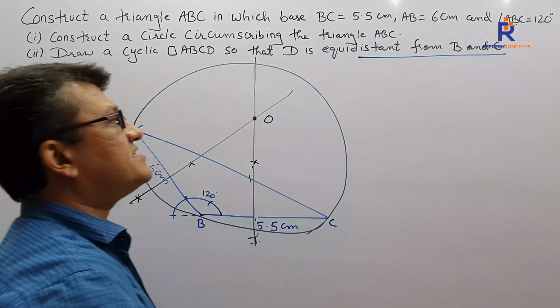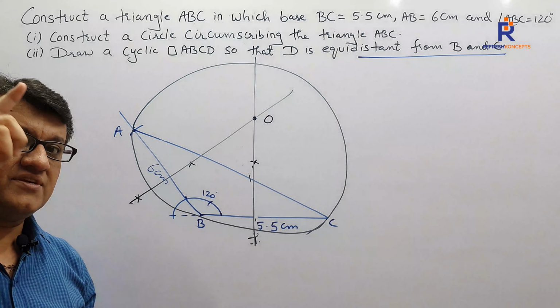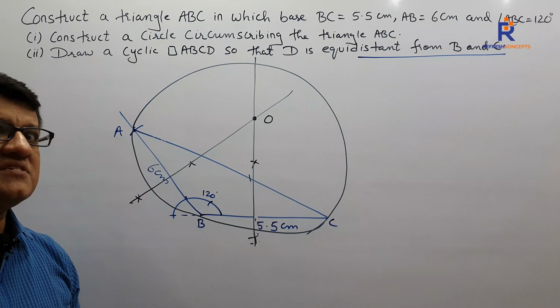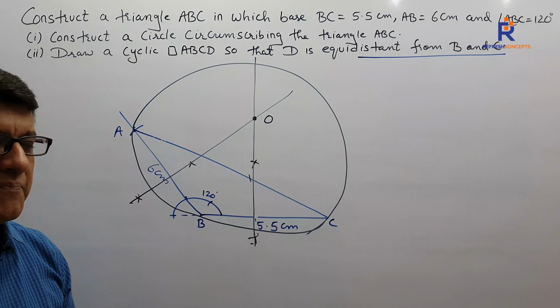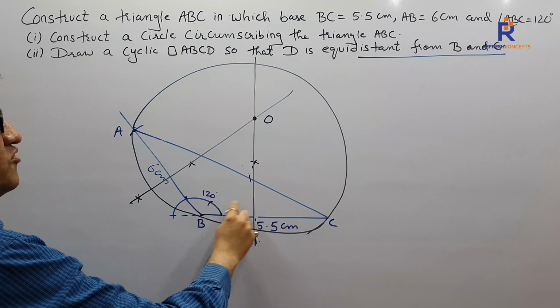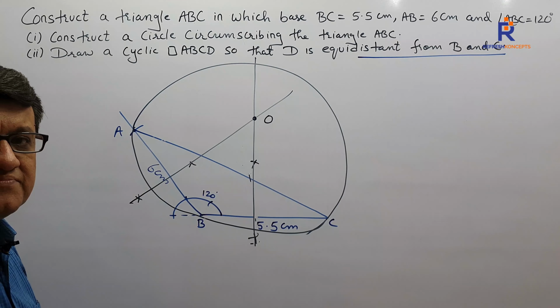When they say equidistant from B and C, come on, focus on the theorems which I said. Equidistant from B and C, it should lie on the perpendicular bisector of BC. So what next are we supposed to go for? We are supposed to go for the perpendicular bisector of BC.